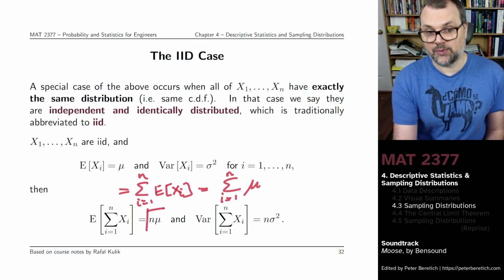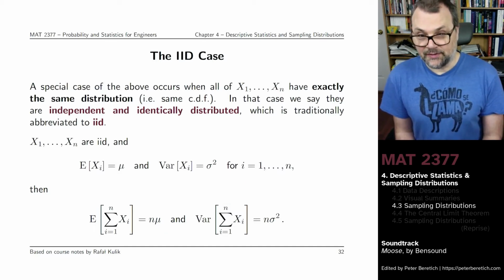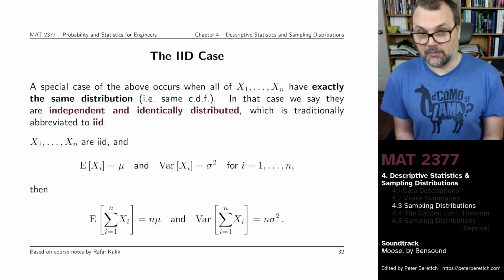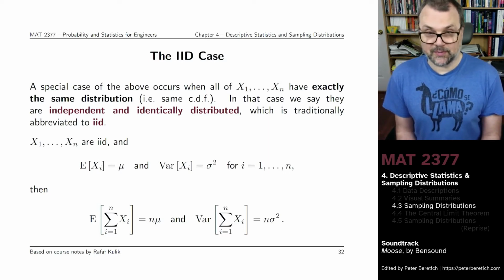There's your n times mu right here. When you play the same game with the variance, the variance of the sum of IID variables is going to be n times the variance of one of them, so n times sigma squared.